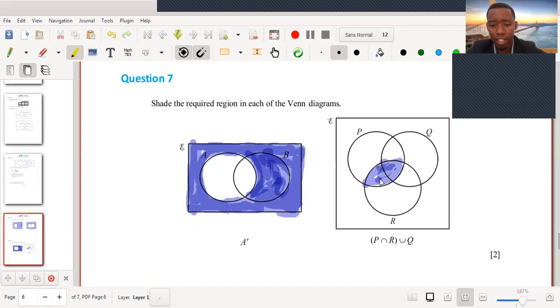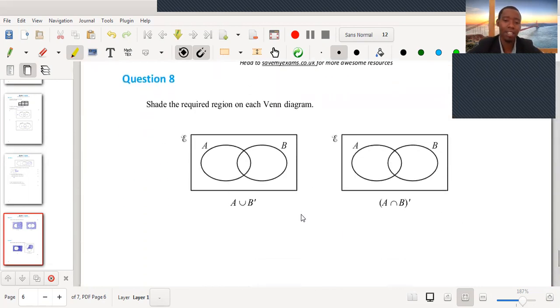And then we do union with Q. Then we put the whole Q. When you talk about the union, we put the whole Q. That will be the answer then. So shade this part. Yeah, that's the answer. Okay, good. Next question.